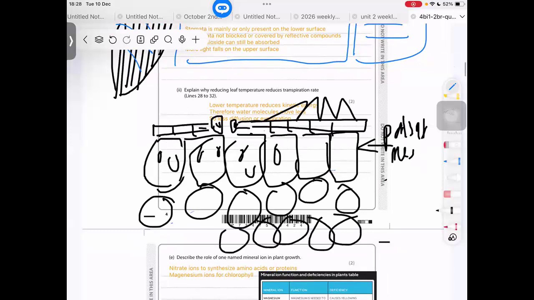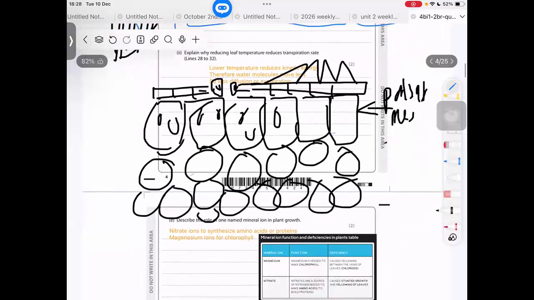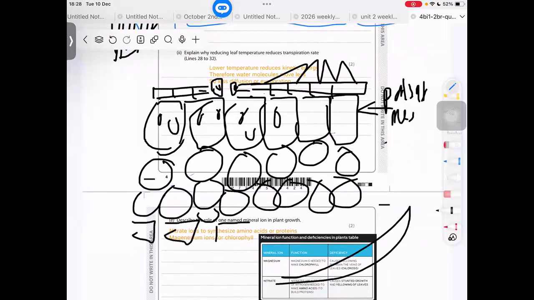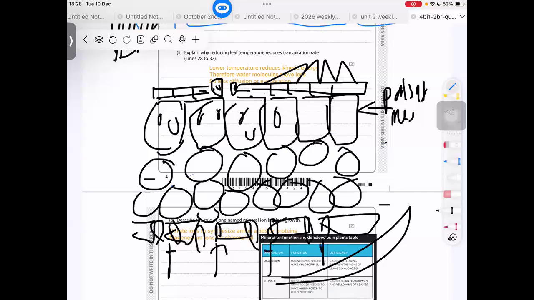You can see there are a lot of air spaces in the spongy mesophyll layer. And below that layer is finally our lower epidermis, which means the lower surface of the leaf. So basically it's like this. There are a lot of stomata in this lower epidermis. See, there is one stomata over here, another over here, another over here, another over here.